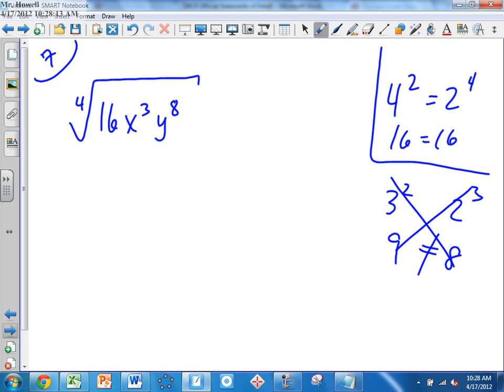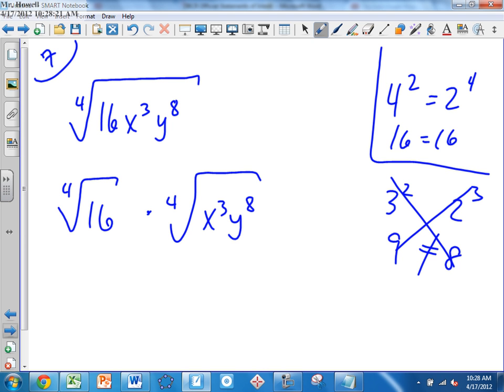So the fourth root of 16, we break it up like that. We start by thinking of it that way, and as we said, the fourth root of 16 is 2, so that part's the easy part. Now, I cannot just simply divide this 3 by 4, because 3 is not divisible by 4. But 8 is divisible by 4, right? What's 8 divided by 4? 2.